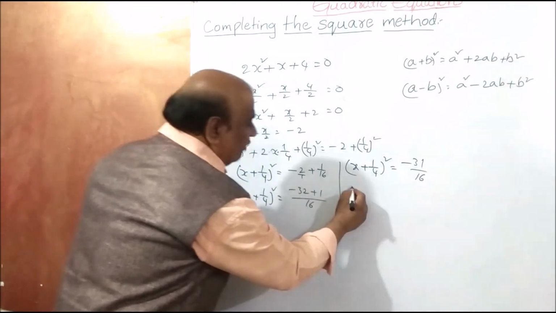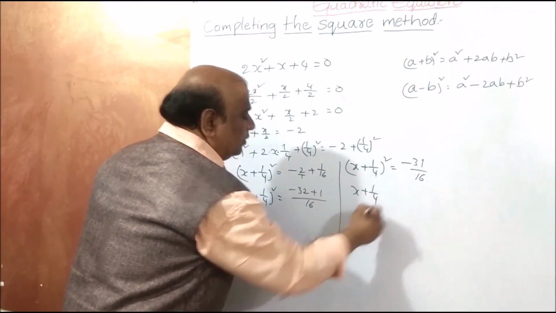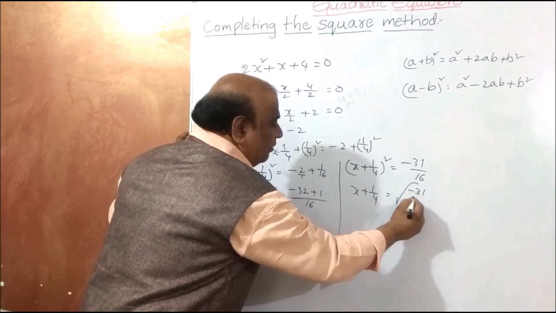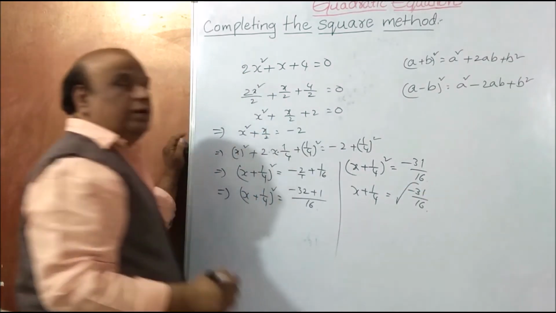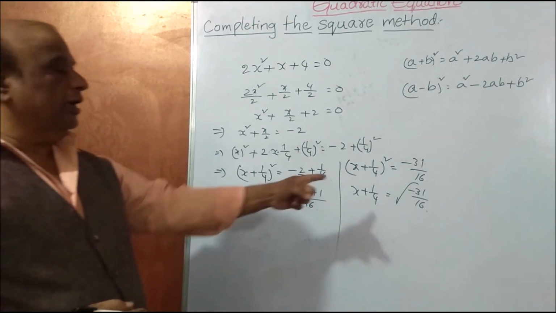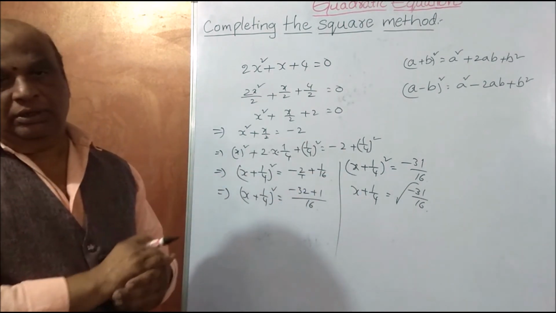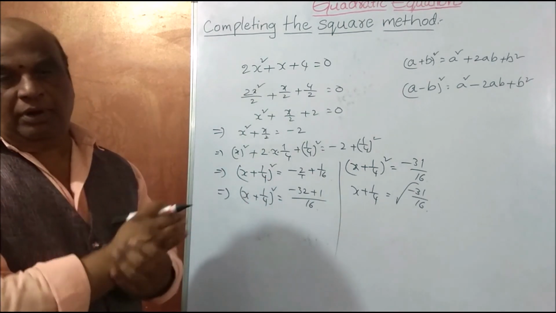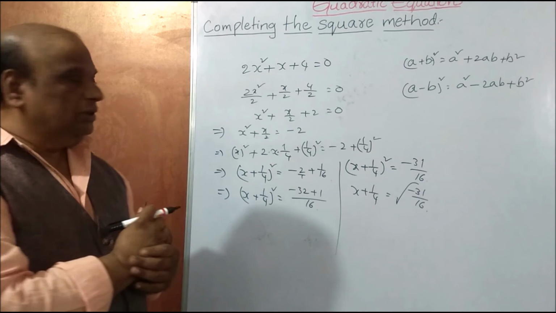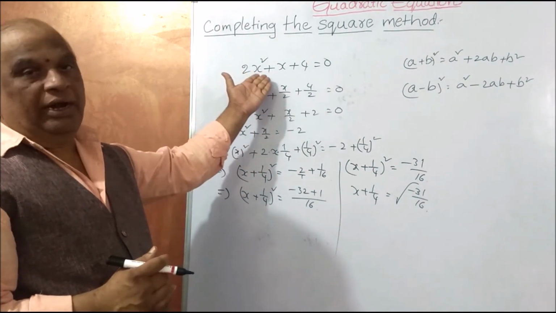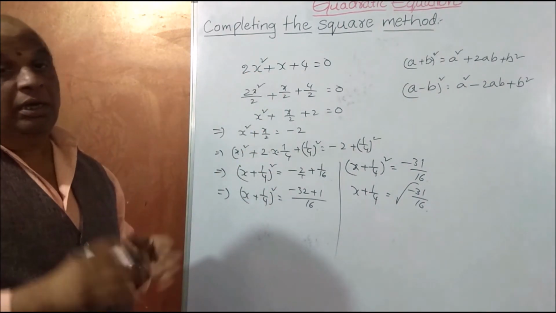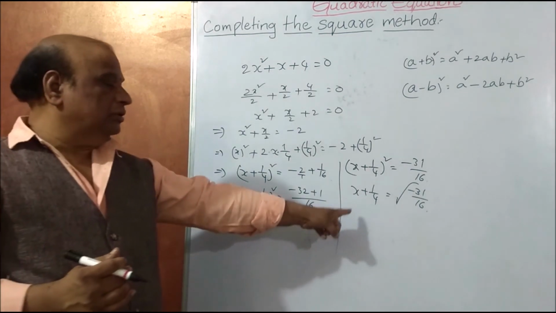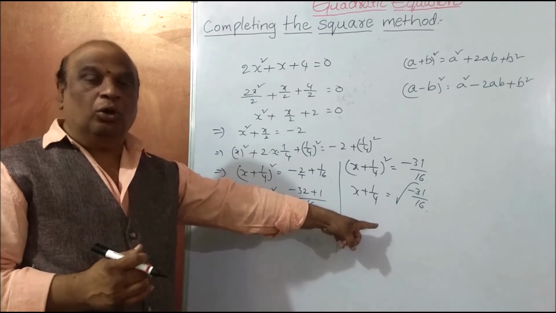So x plus 1 by 4 is equal to root of minus 31 by 16. Students, here remember we are getting a negative number under the root. So we can't continue this problem because this quadratic equation does not have real roots. So the equation has no real roots.